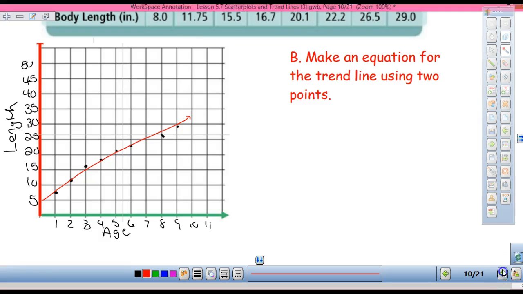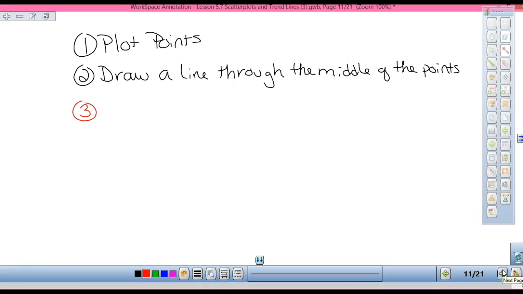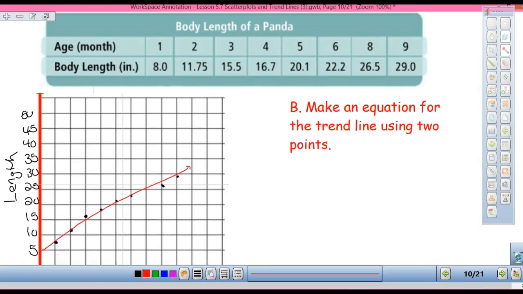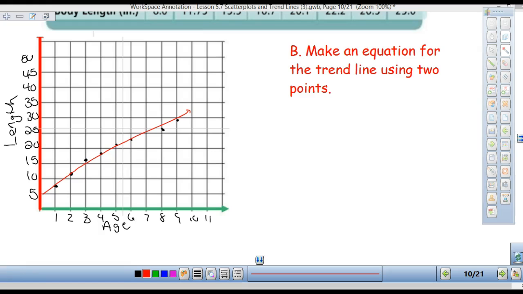All right, step 3. We are going to choose 2 points that are on my line, or on your line. Here's the deal. They do not necessarily have to be points that were in the table.